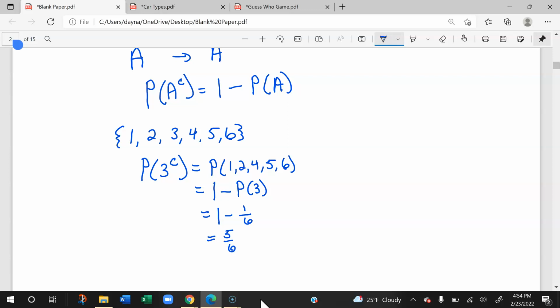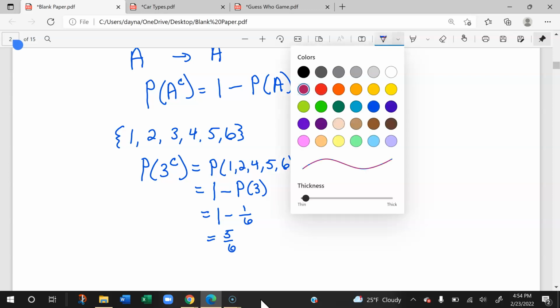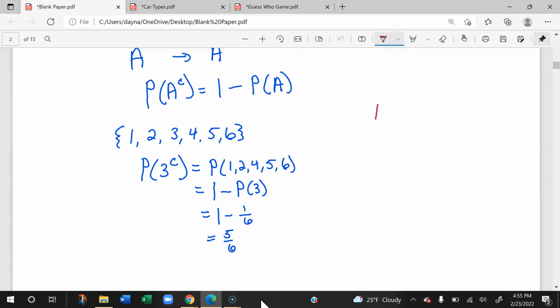Same thing with if you have something that's called at least once. Let's say that I'm going to flip the coin, and this time I'm going to flip it 3 times.